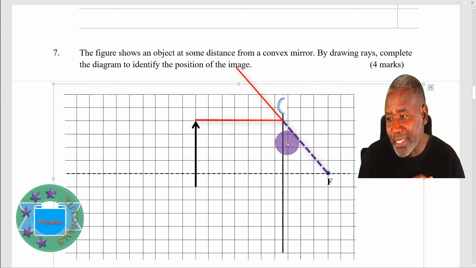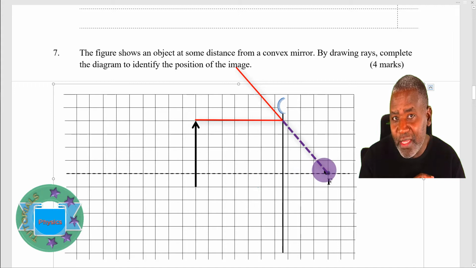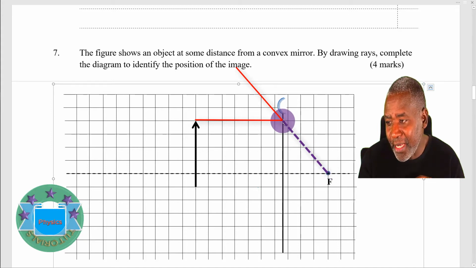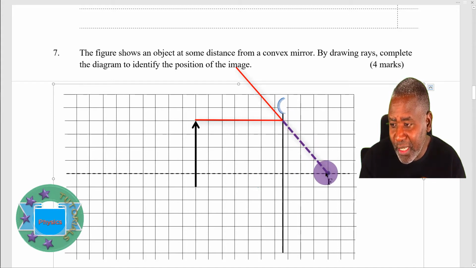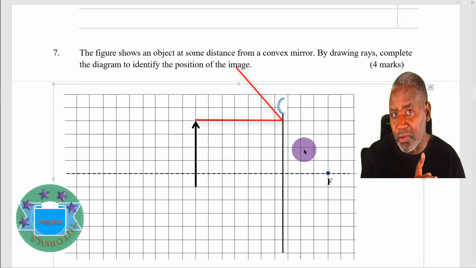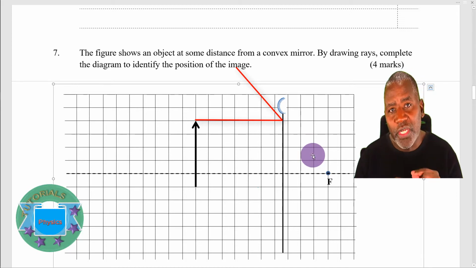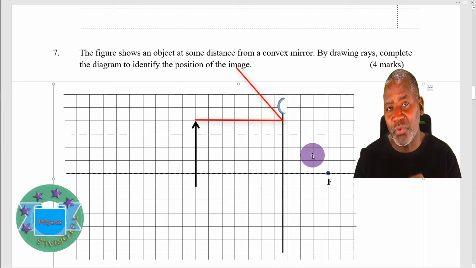All we know is that its head is formed somewhere between this point and this point, and that head will be along this line. That marks the boundary of how high the head can go. So, in order to identify the exact position of the head, we need another rule.